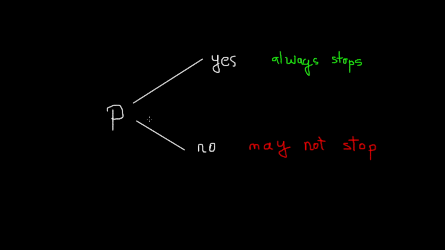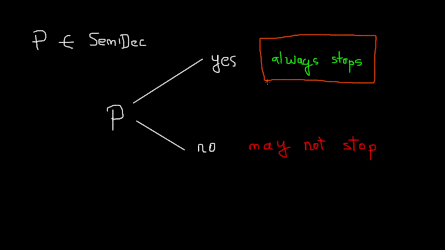So, a problem P is semi-decidable, this means that P belongs to the set of semi-decidable problems if, when we have the algorithm on the program on the given input and the output is yes, okay, keep in mind that when we are working with these problems we have two possible outputs, yes or no. This is a semi-decidable problem, or any decidable problem, the answer is either yes or no. In a semi-decidable problem, if the answer is yes, then we know for sure that our program always stops.